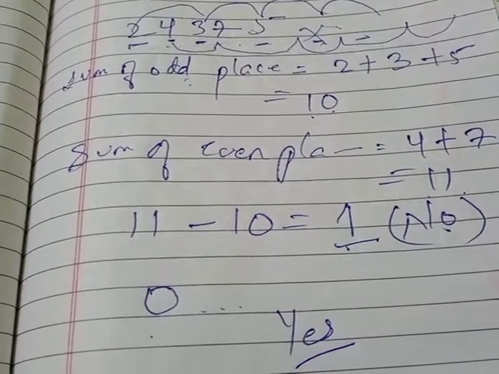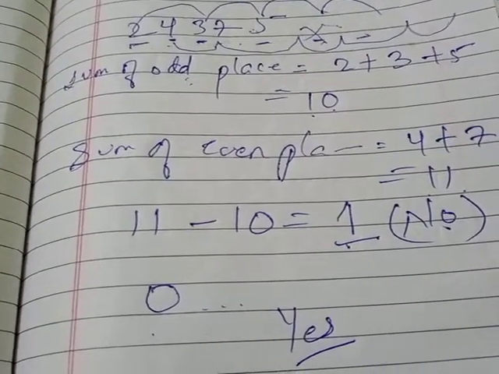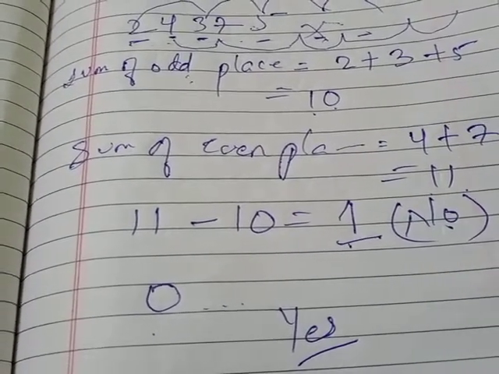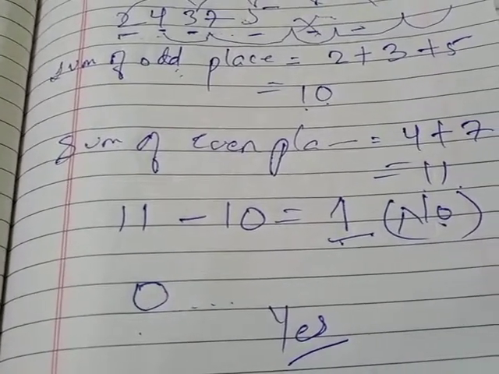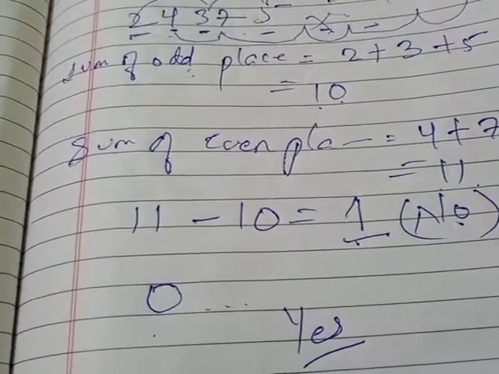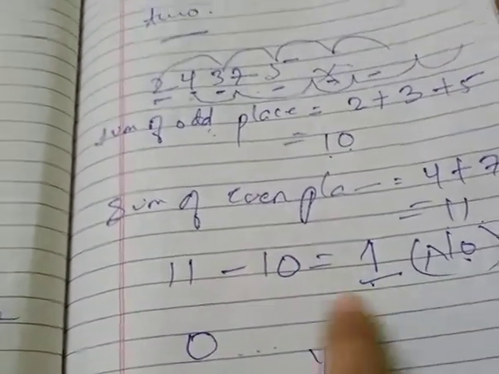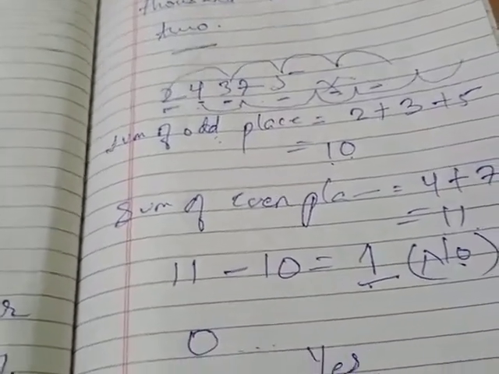We will find the difference of both, that is, do the subtraction. After subtracting, the answer should be 0 or a number that comes in the table of 11. If the difference were 11, 22, or 33, then it would be yes.